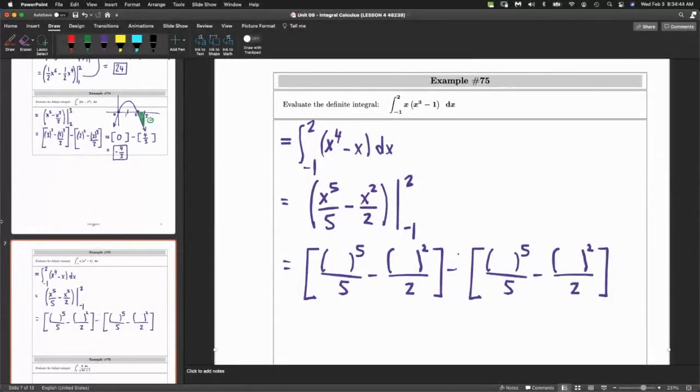This is how I want you to think about it. It's a template, okay, people? In that template, you plug in the 2 limits. So you put 2 here because 2 is the upper limit, and the lower limit is -1. And you're going to get that.